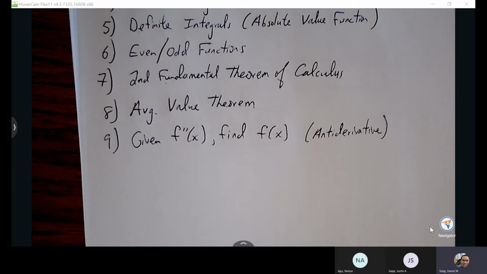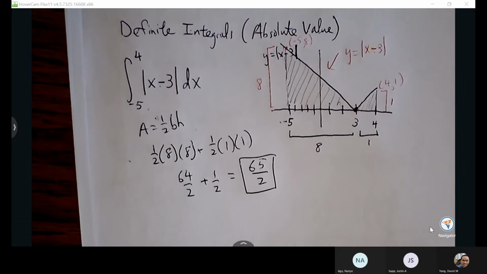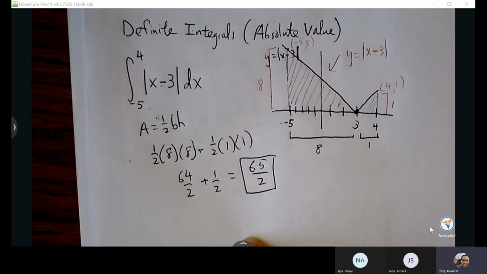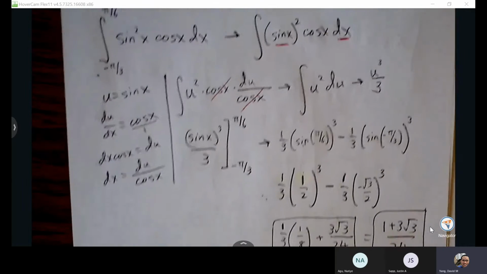All right. What was the answer to the last one? Oh yeah, 65/2. Can you go back to the unit circle one? Mm-hmm. Was this the one you're asking about? Yeah. Okay. Is that what you got? No. Did you guys get this answer? Okay. Here's the unit circle.